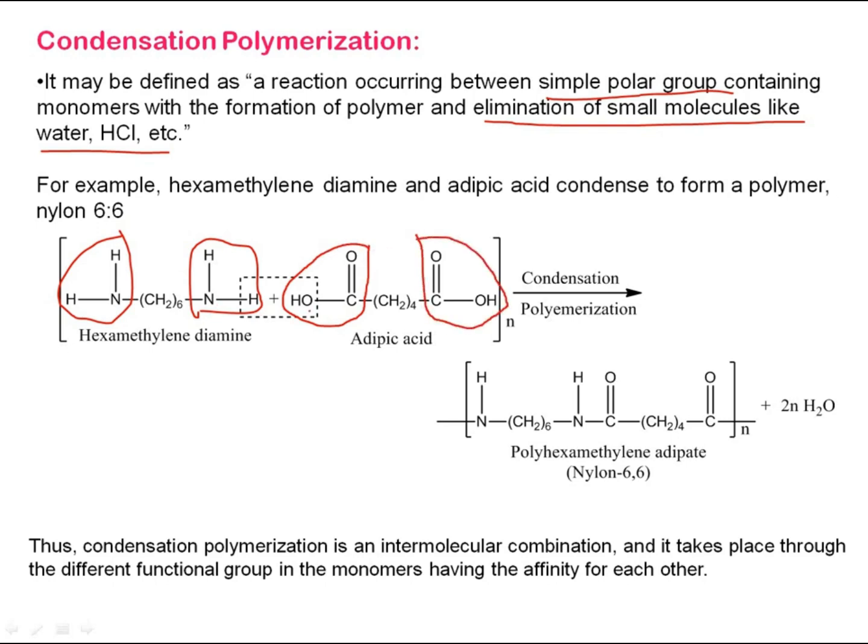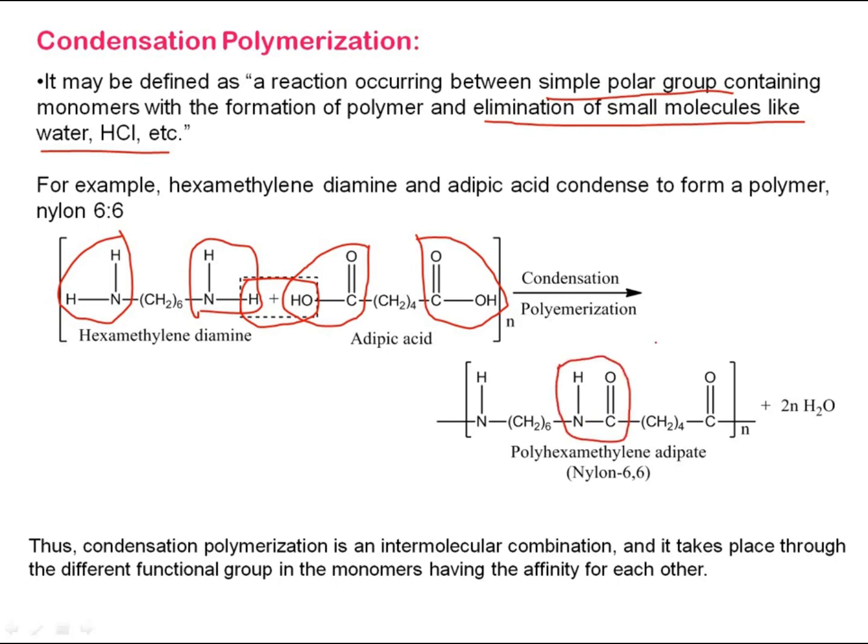Now this amine group and carboxylic acid group combine by eliminating the small molecule water. So here elimination of the water molecule, you can see H2O is eliminated in this reaction and will form an amide bond. We call it peptide bond also.